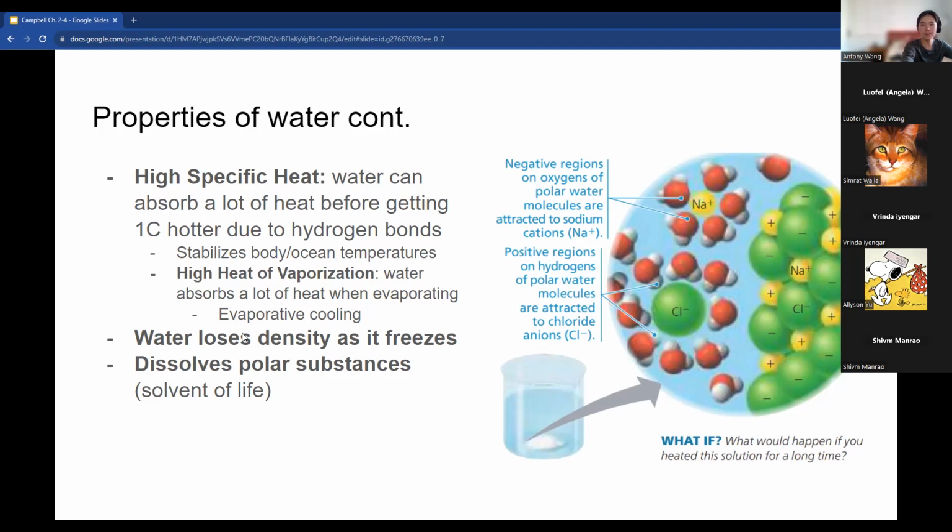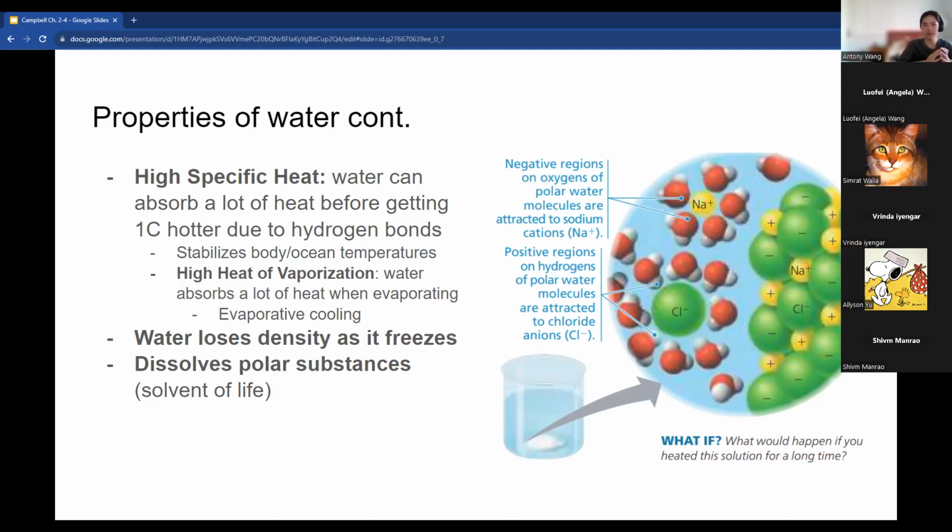Another property: ice floats. If you've ever gotten a drink with ice, you already know this. Usually when substances freeze, they get more dense because the atoms start moving less and get packed closer together.